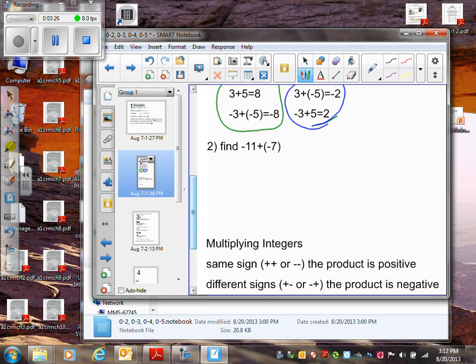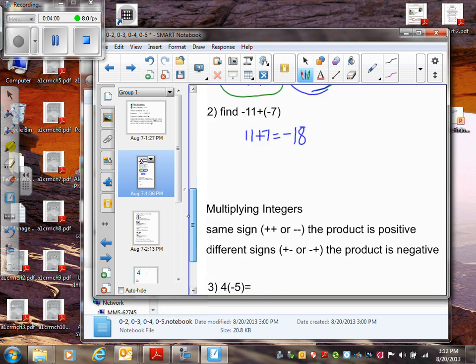So 11 plus 7 equals 18. Add and keep the negative, so it's -18.